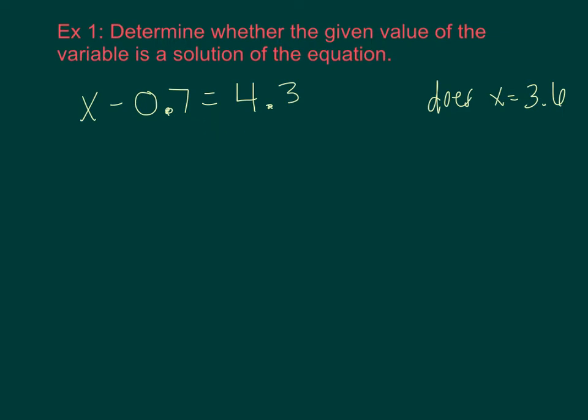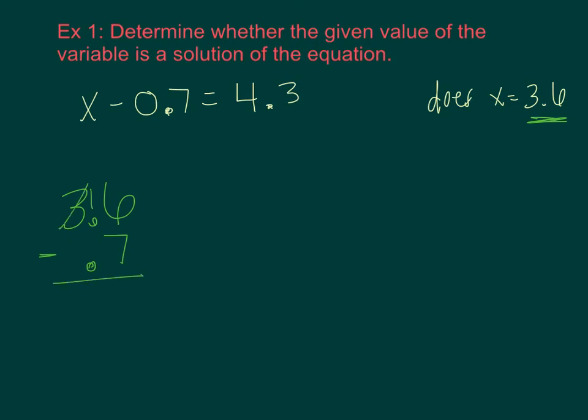Think about it. I'm going to plug x in. I'm going to take this x and plug it in here for this variable, and see what I get. So if I have 3.6 as my x, because I got it right over here, x minus 0.7, I'm going to line up my decimals.